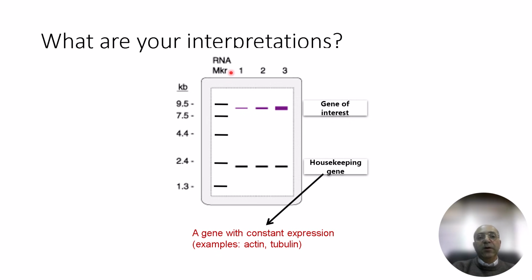We use, let's say, 10 microliters here, 10 microliters here, 10 microliters here. So there is no variation in the volume or the concentration of these samples. This is evidenced by the equal amount of housekeeping gene messenger RNA in the 3 samples, and the increase in intensity that we see here is a reflection of increased expression of that particular gene.